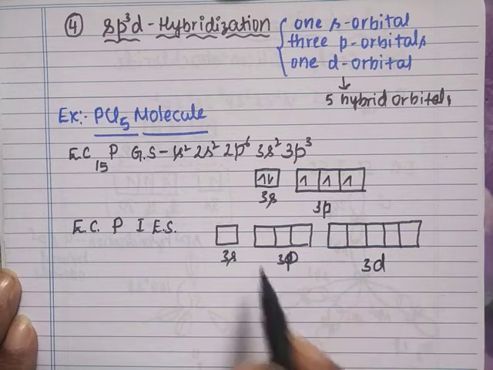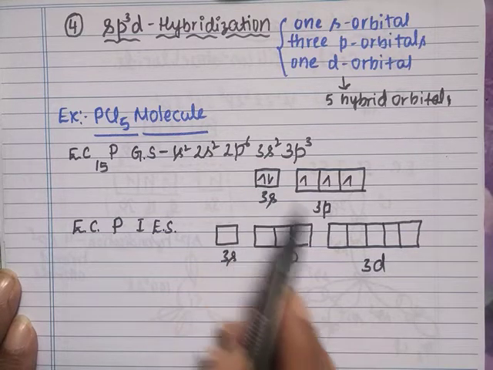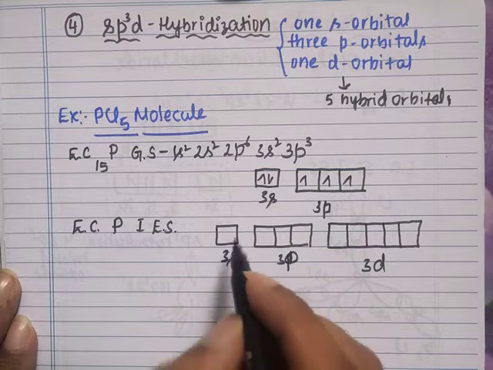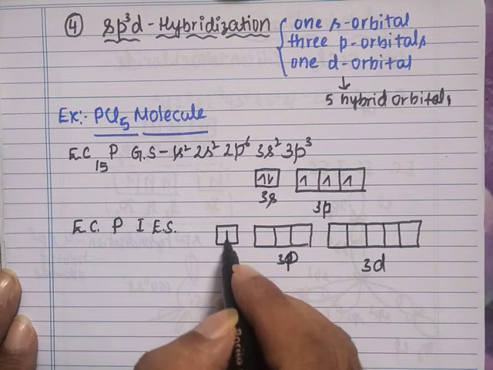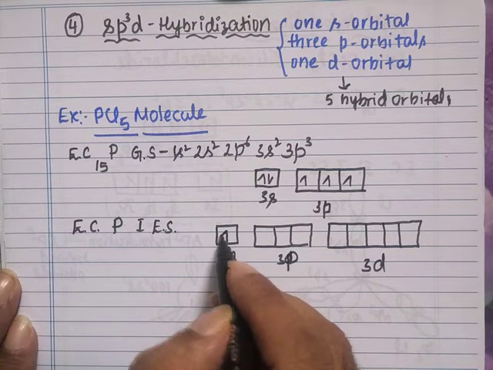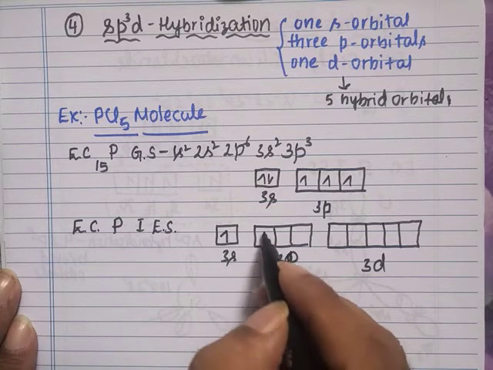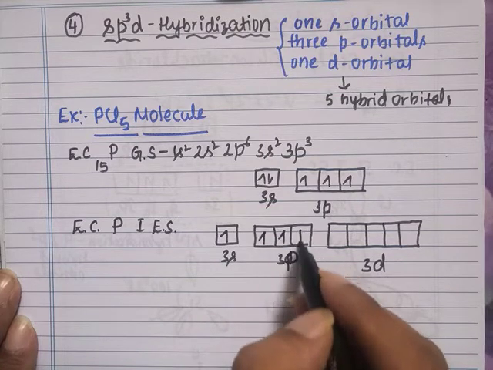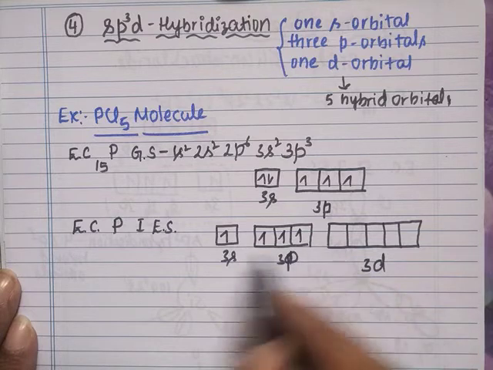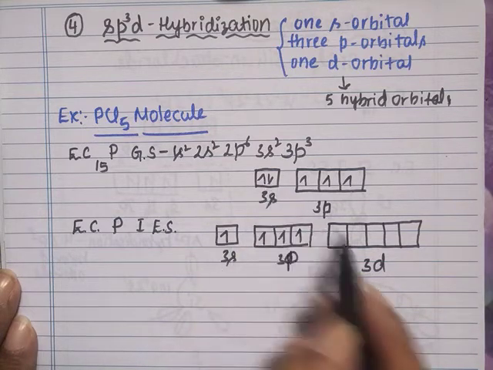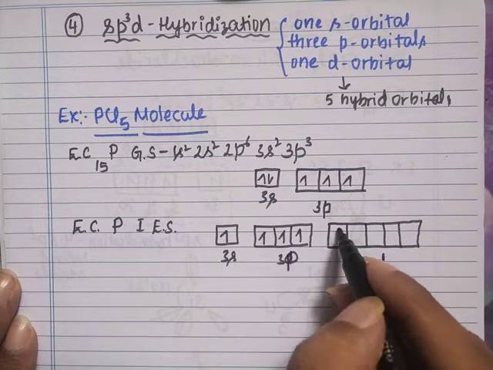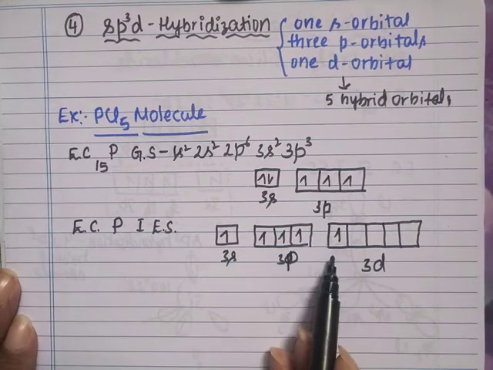This electron will be promoted into the vacant 3d orbital. Therefore in the first excited state the phosphorus will contain 1 electron in the 3s and 3 electrons in the 3p orbital, and the electron from the 3s orbital will be promoted into the vacant 3d orbital.